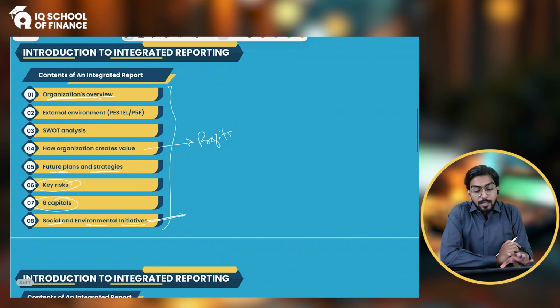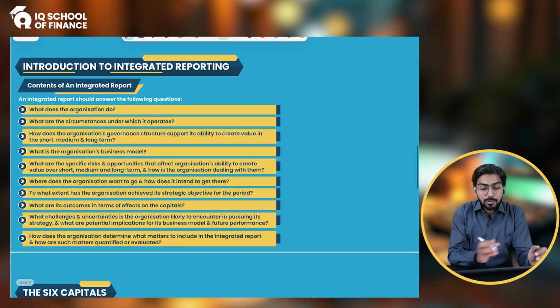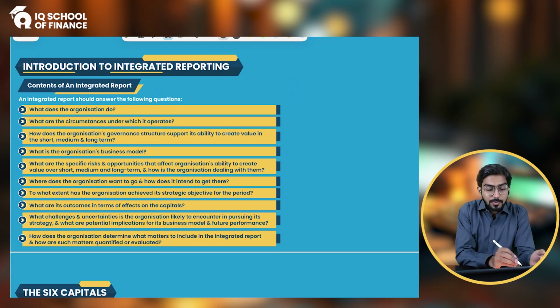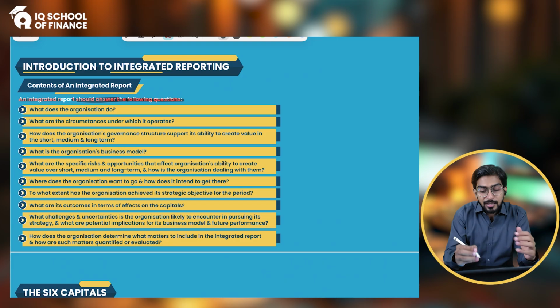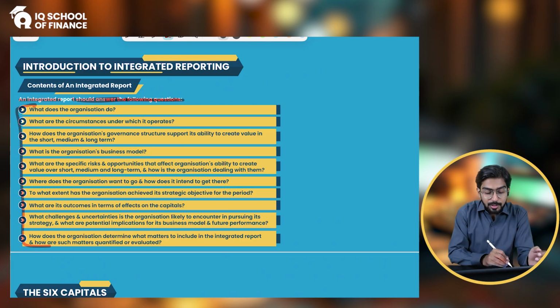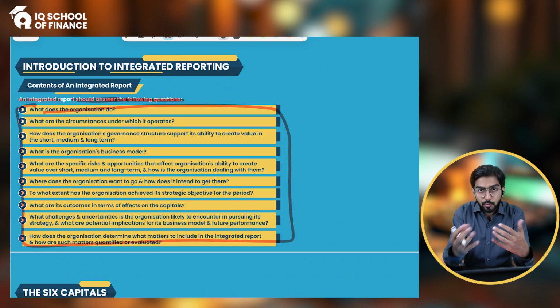All right. So now we have some questions. These are some questions that an integrated reporting should answer, right? These are the typical questions that you need to read one or two times, and these are the questions which your integrated report should answer. If your integrated reporting is able to answer as many questions from this list, then your integrated reporting would be considered as good.